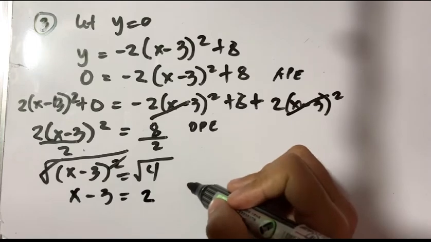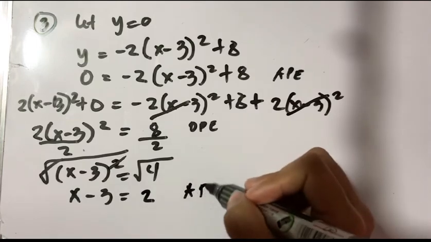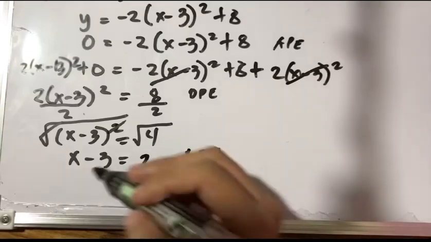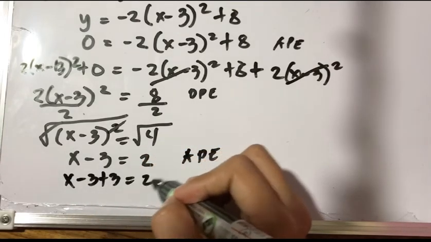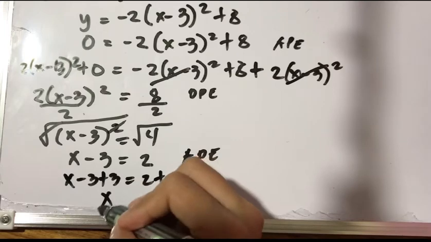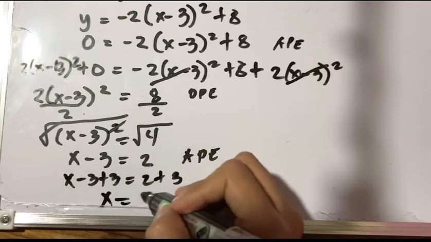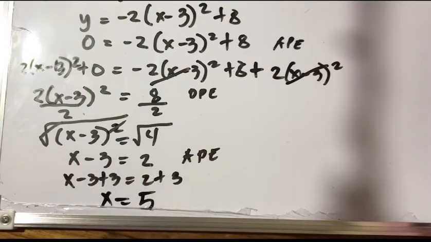Now, we will use again the addition property of equality. So, we have x minus 3 plus 3 equals 2 plus 3, and we have the value of our x, 5. So, we have identified our x-intercept.